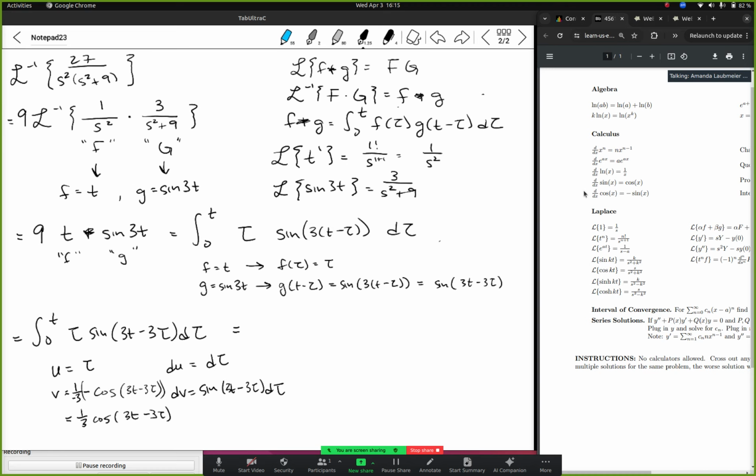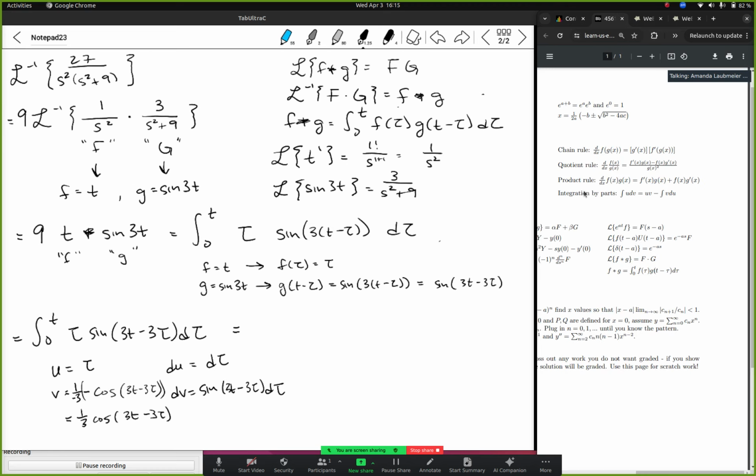But now I can plug in my integration by parts formula, uv minus integral v du. So that's going to be u is tau, v is 1/3 cosine of 3t minus 3 tau, evaluated on my bounds, 0 to t. And then minus my integral of v du.